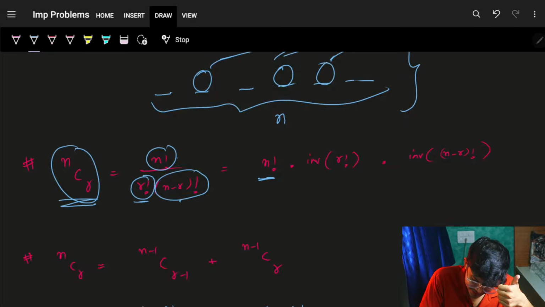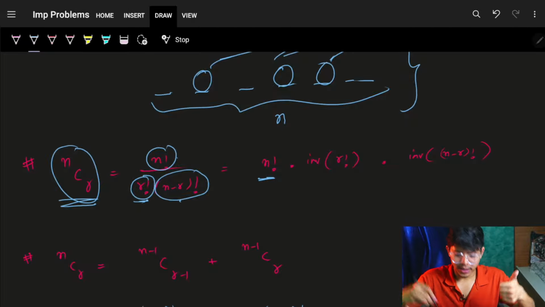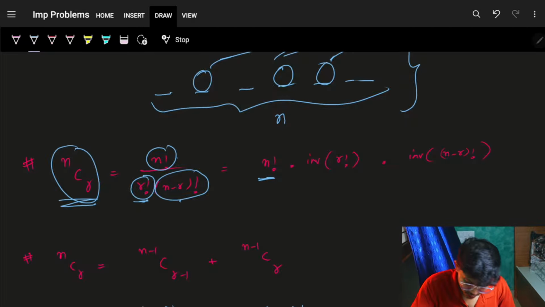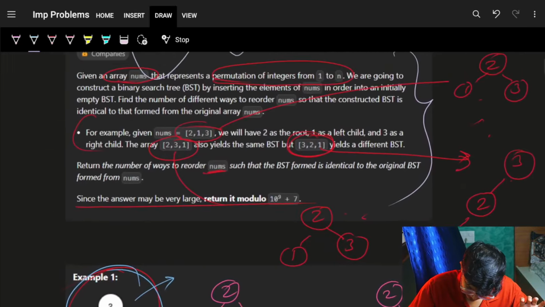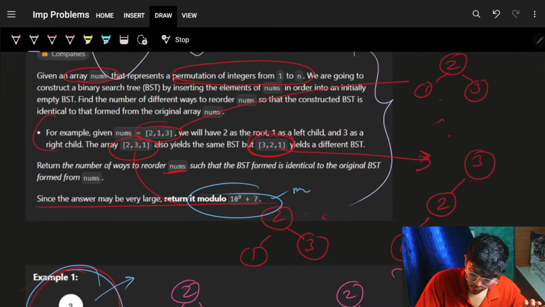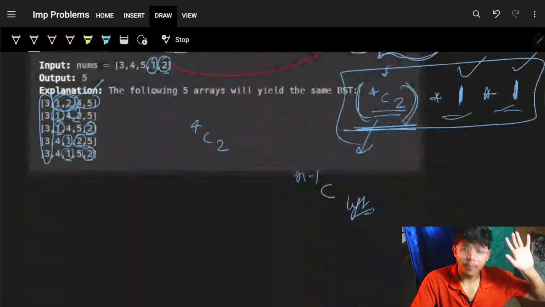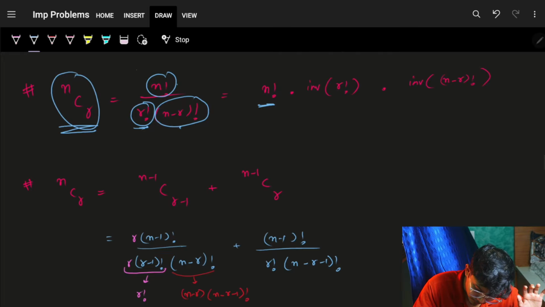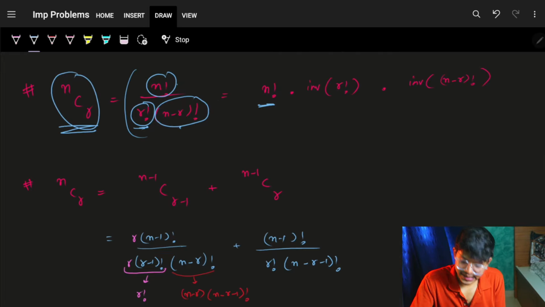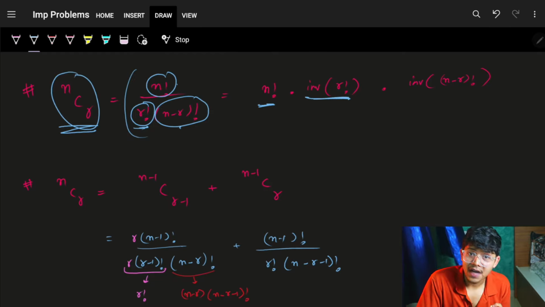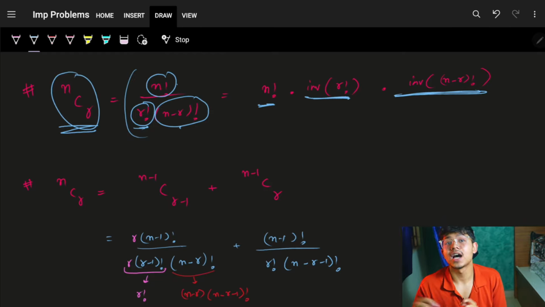But you will see that it's upon r factorial, and you have to do everything modulo some mod number. So it needs to be a mod of something. That's the reason you will write the inverse of r factorial into the inverse of n minus r factorial.